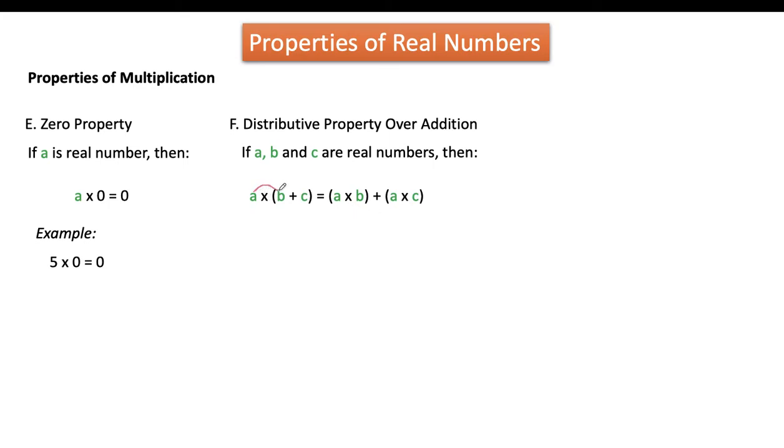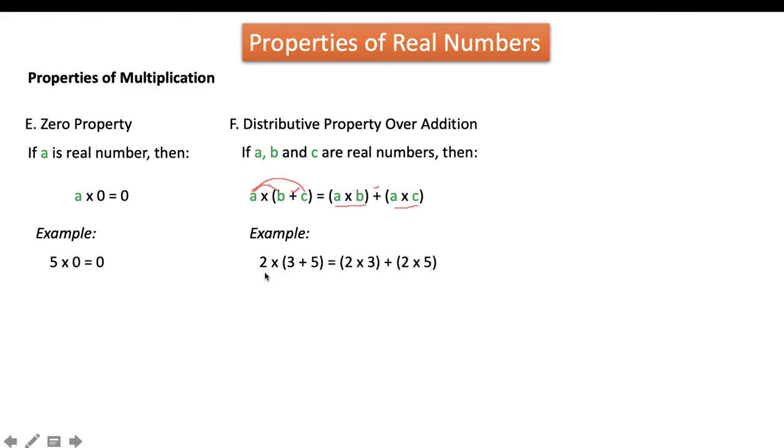And that is by distributing a to both b and c. So a times b, we have here a times b. Then the sign is addition. So we have addition here. Then multiply this same a to c, and that is a times c. So if you distribute this over addition, you will get the same value or product.